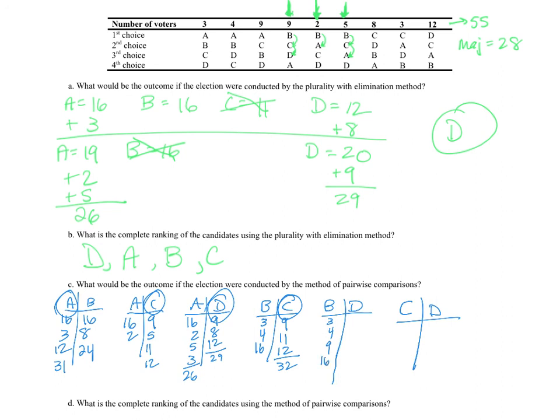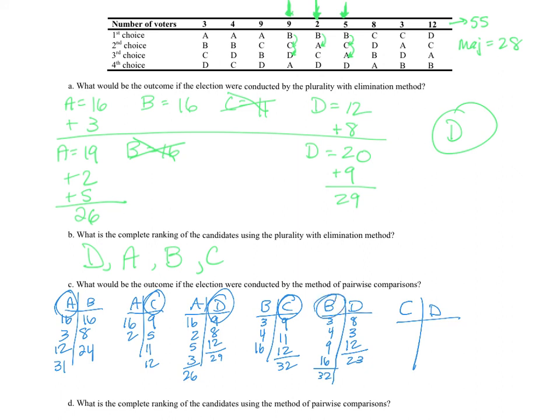And then the 8 column goes to D. The 3 column goes to D. And the 12 column goes to D. So D, that adds up to 23. And B, that adds up to 32. So B wins that one.